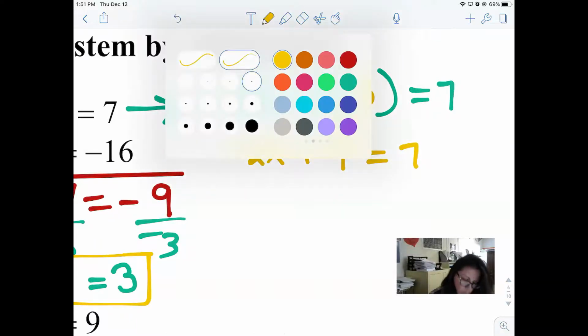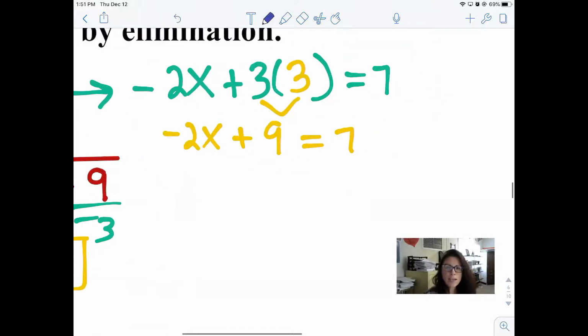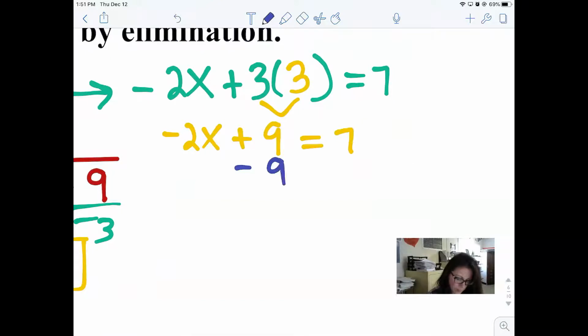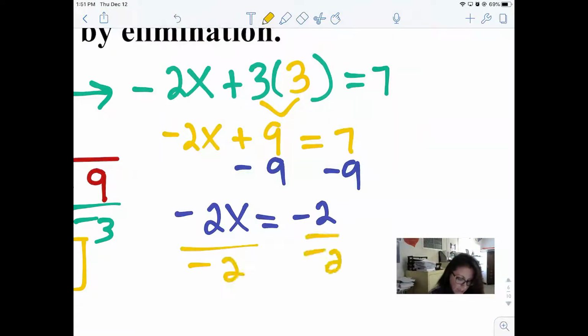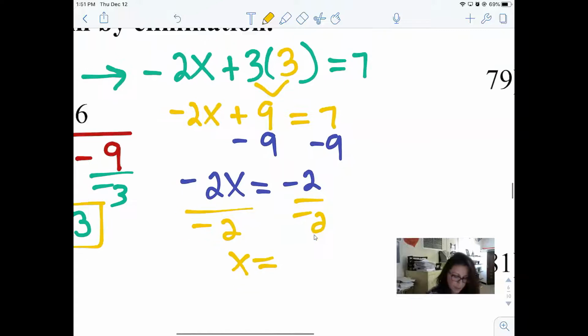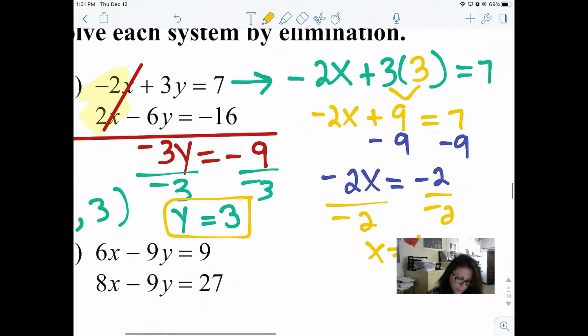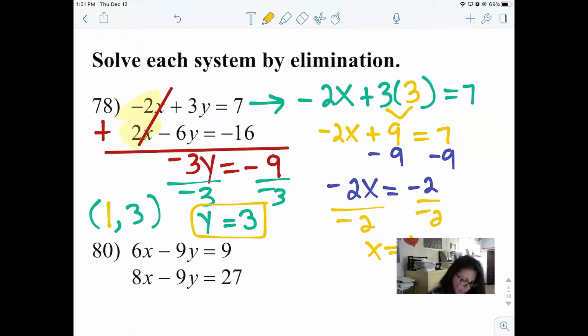Now we subtract 9 from both sides and get negative 2x equals negative 2. Divide both sides by negative 2 to get x equals negative 2 divided by negative 2, which is a positive 1. So now I know that when y is 3, x is a positive 1, and this is your solution over here.